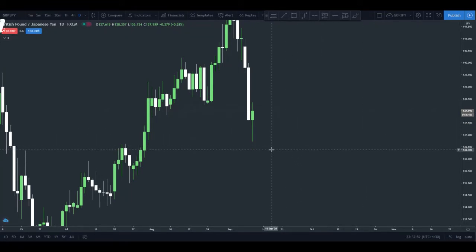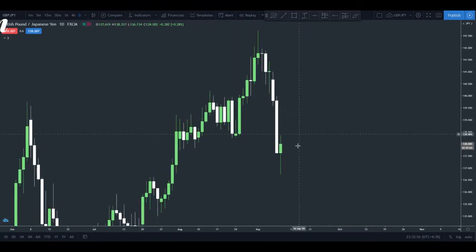Okay, for now, I just want you to look at the formation of the structure at the daily time frame. Just look here. What do you see, guys? It just went up with rally, base, rally, drop, and the base happened here, then drop.